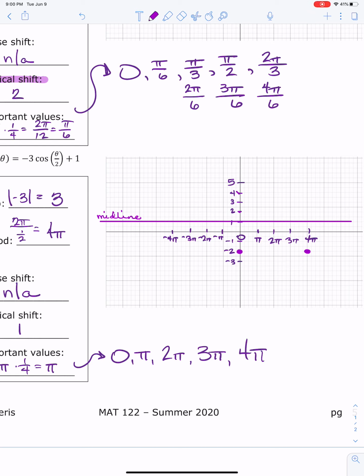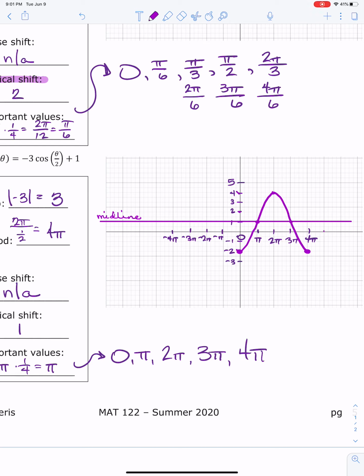Okay, it's cosine, so halfway between, that's going to be at 2 pi. I'm going to move to the other side of my midline. So instead of going 3 down, I'm going to go 3 up. So 1, 2, I'm at 4. And then I know at those two midpoints, I'm hitting the midline, what would be the 0. And then I'm going to sketch my curve in. Okay.